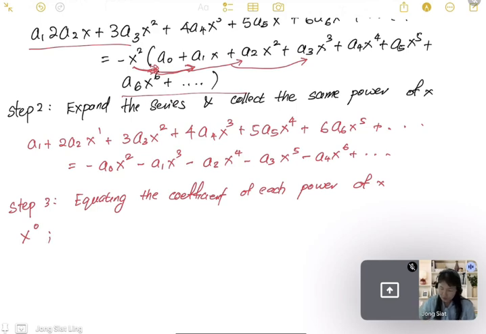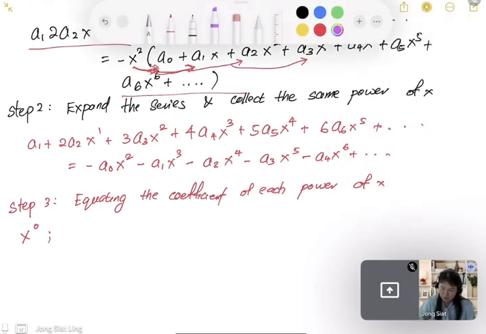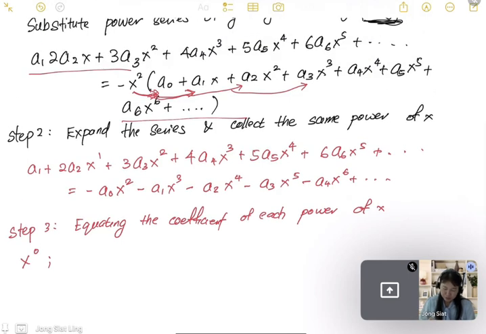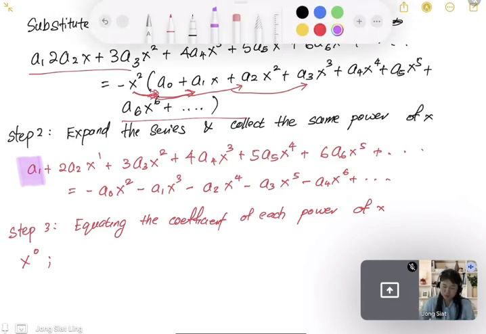This means that I will compare, okay, let me take a highlight, I will compare x power of 0, left hand side and right hand side. Okay, this one is x power 0, a1. But do I have x power of 0 at the right hand side? Don't have, right? If don't have, this means that it's 0.